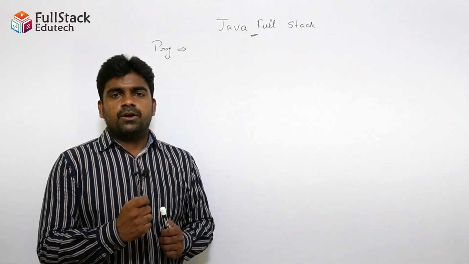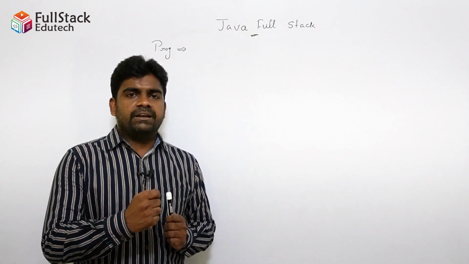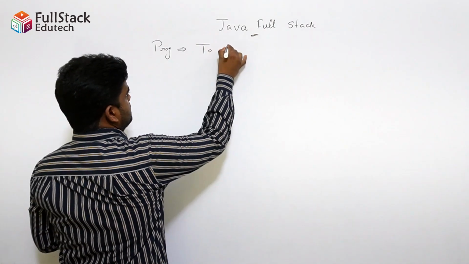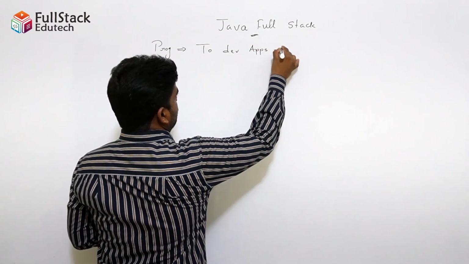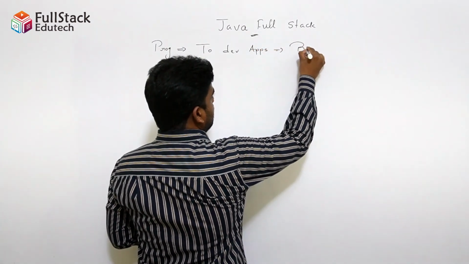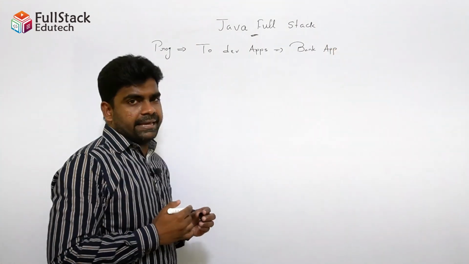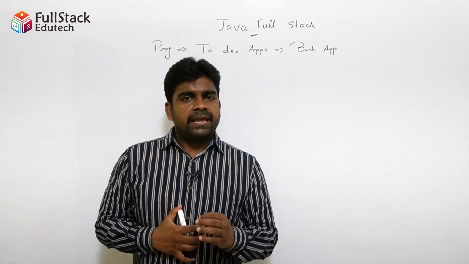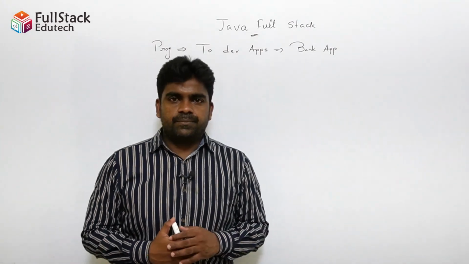Simple answer: we learn programming languages to develop applications, to develop software. One simple example, we are taking a banking application. Why? Because in our daily life, everyone uses a banking application every day.